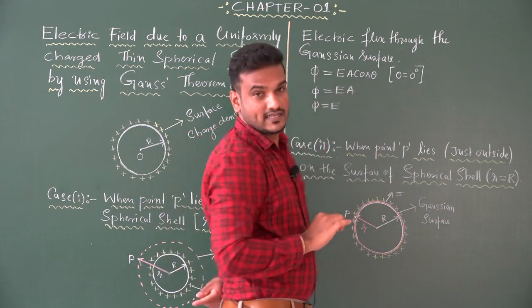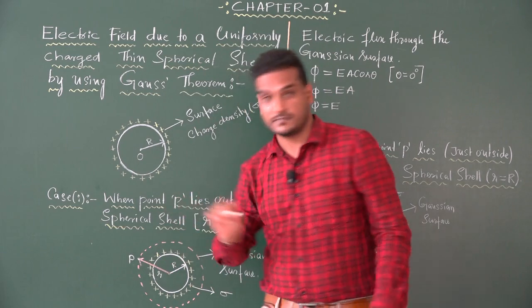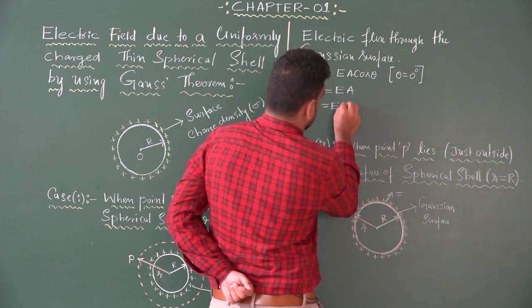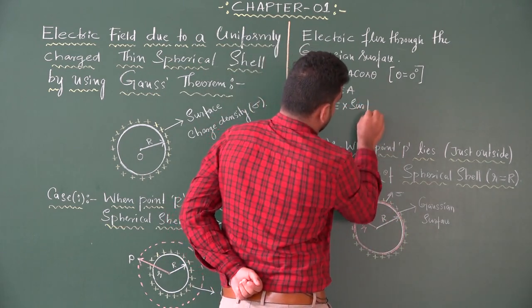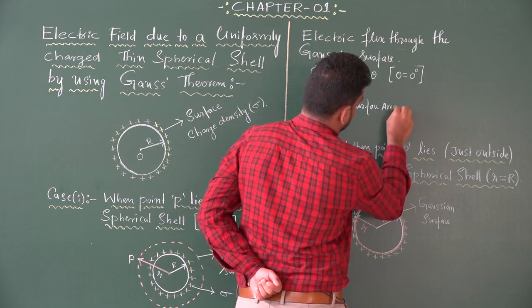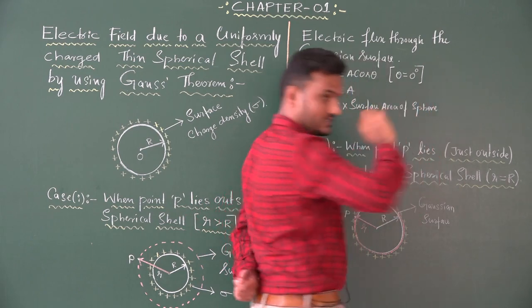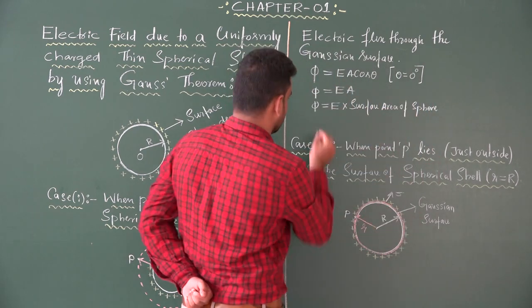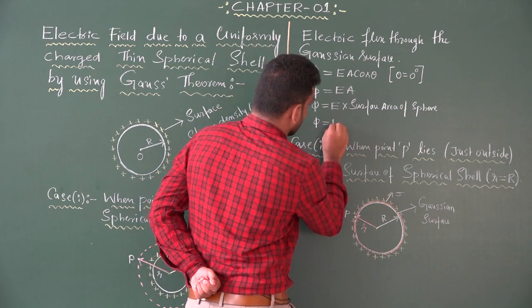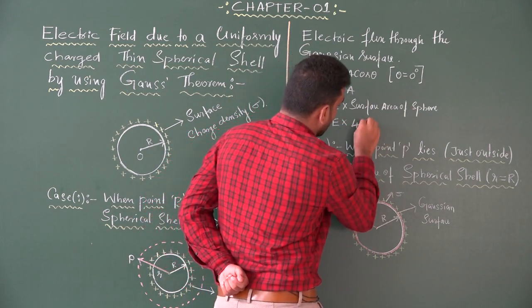A represents the surface area of the sphere. Since we consider a spherical Gaussian surface, phi is equal to E into the surface area of the sphere, which is 4 pi r squared.